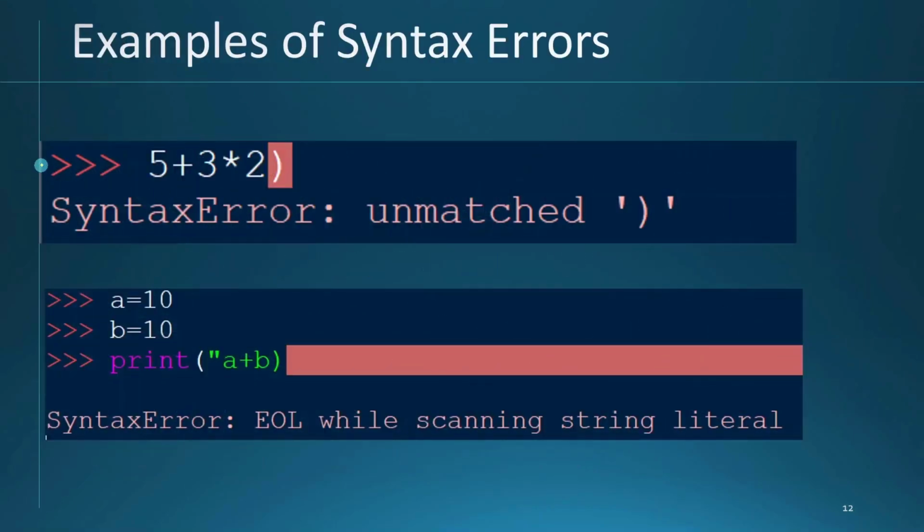These are examples of syntax errors. You see the first statement. I have written 5 plus 3 into 2, so there is nothing wrong until here, but I have used a closing parenthesis without an opening parenthesis. That is a basic rule in Python. The parenthesis has to match. So you see, the interpreter is giving an error, syntax error, unmatched bracket.